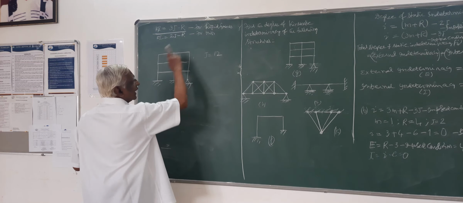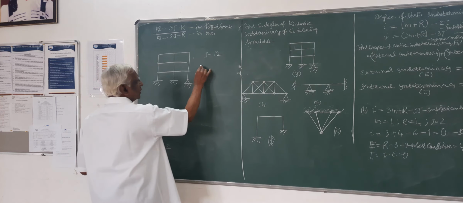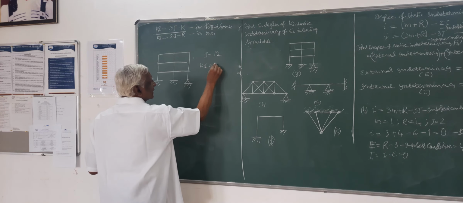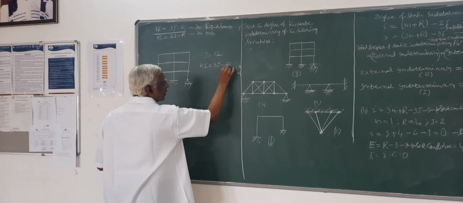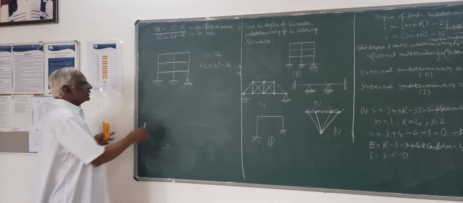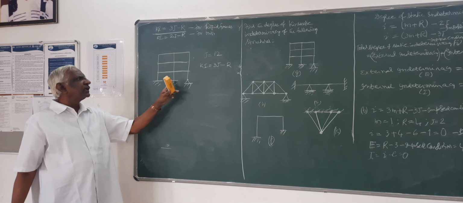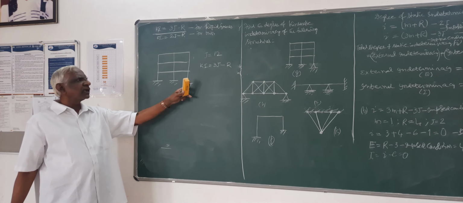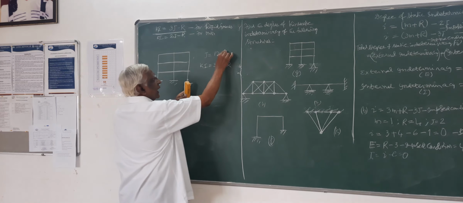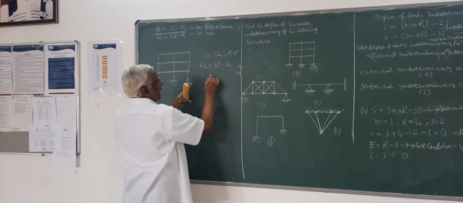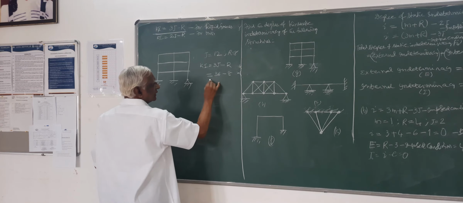J equals 12. And since it is a planar structure, there are 3 possible displacements. So kinematic indeterminacy is 3J minus the number of support reactions. Here you have 3 support reactions at the fixed end. Here you have a fixed end, 3. Here each has 2 reactions. So 3, 3, 6, 2, 8. R is equal to 8. So this is 12 into 3, 36, minus 8.